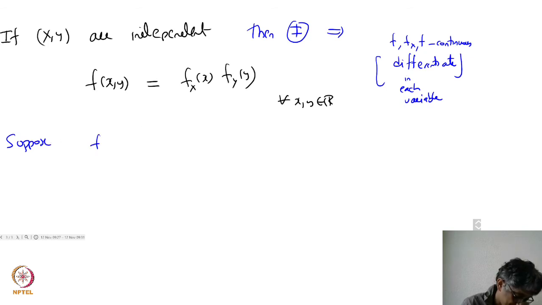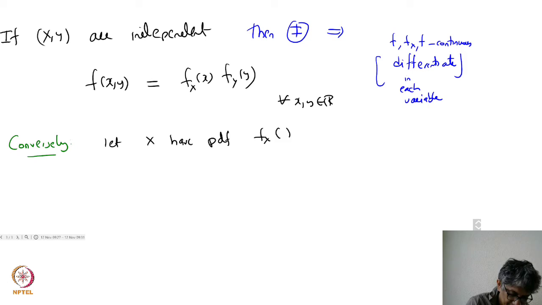Suppose, let's do the converse. Let me write it in green so that's clear. So what about the converse? Conversely, let's say x has PDF f sub x, y has PDF f sub y, right?